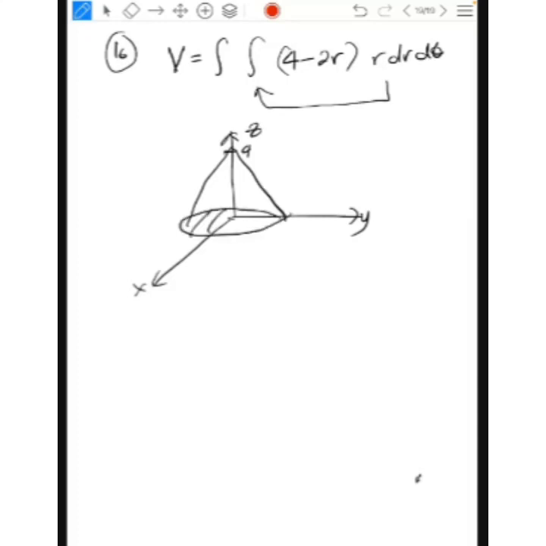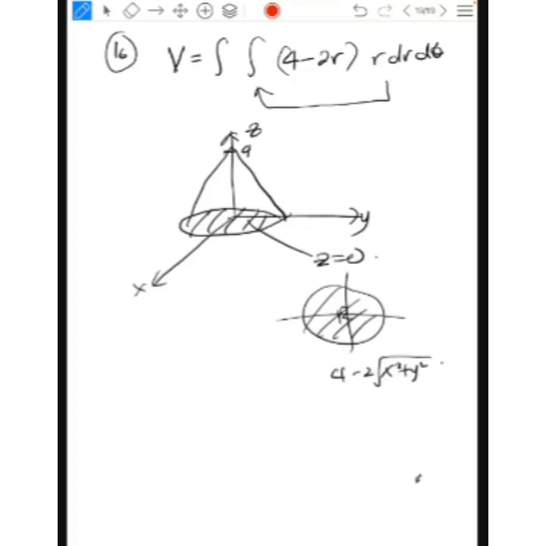Okay, this is a circle. The circle happens when z equals 0. Okay, the circle is the region R lah, which when z equals 0, then 4 minus 2 times the square root of x squared plus y squared equals 0. Okay, or 4 equals 2 times the square root of x squared plus y squared, so the square root of x squared plus y squared equals 2, or x squared plus y squared equals 4.